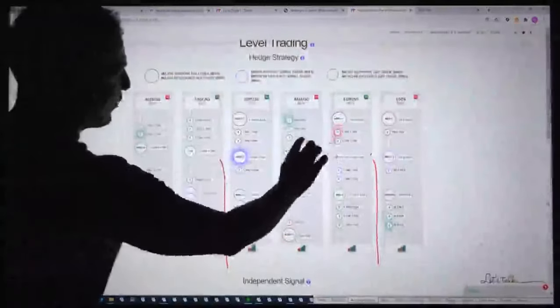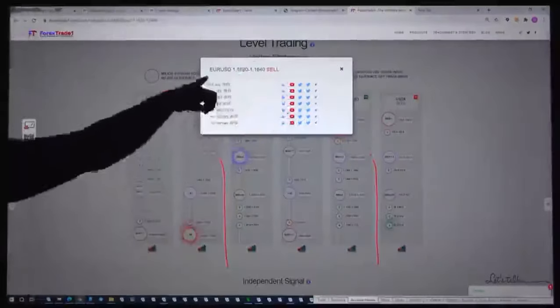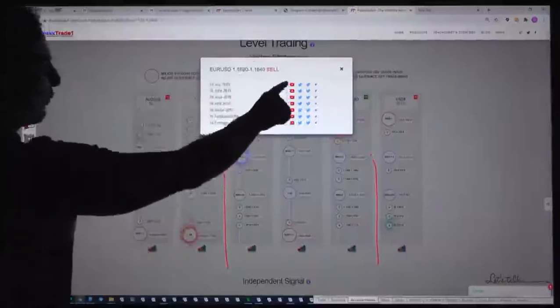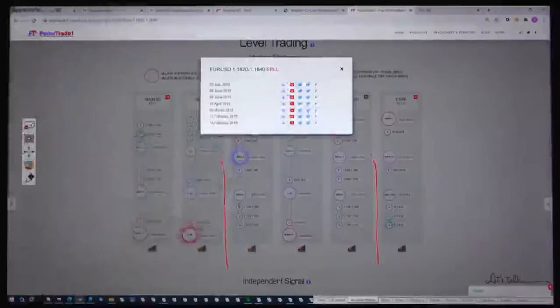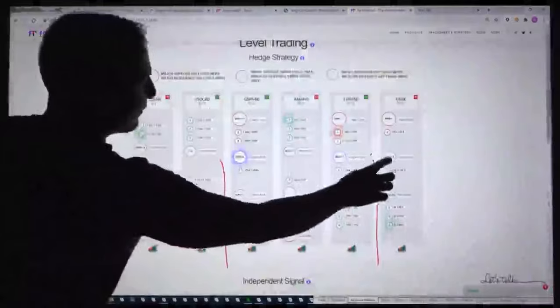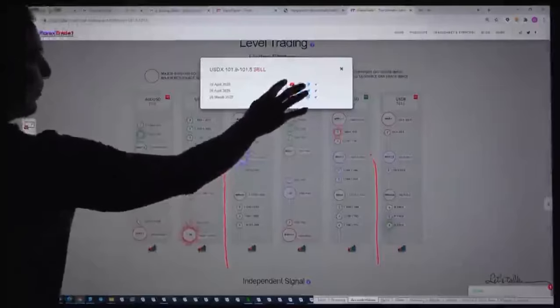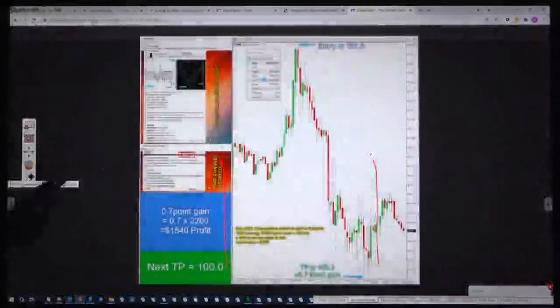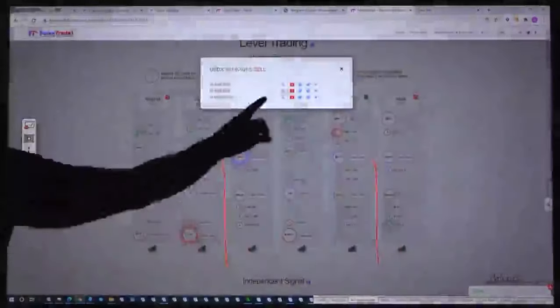Now I will just click on one at random. You can see Euro USD at this entry at 1.16 for 20 to 40. It was traded during this date, and again you can see chart proof, video proof, entry proof, and exit proof. The same way you can click here and see these pop-ups, and all the information you will find here.